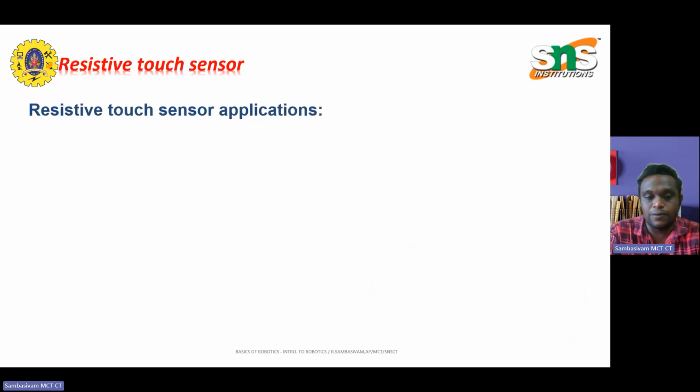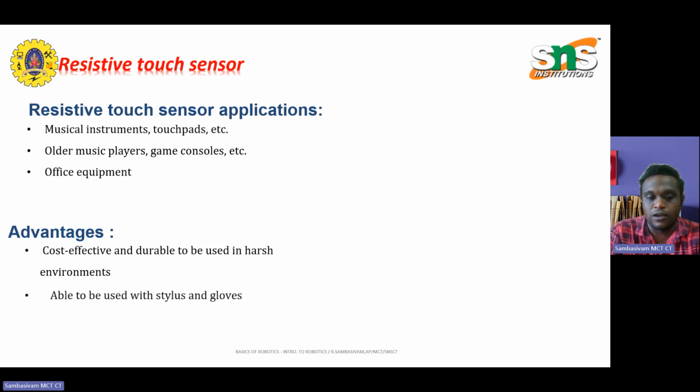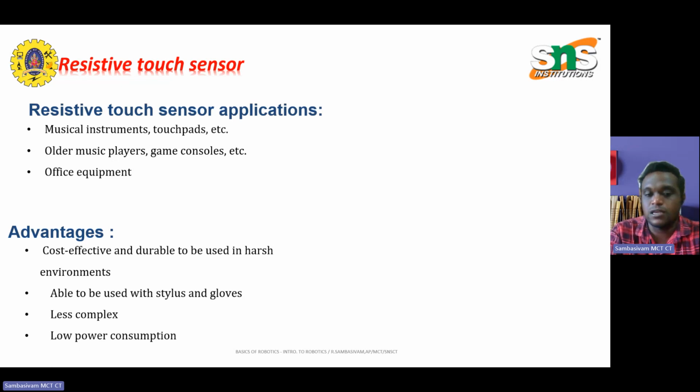So, as I said, the main advantages of resistive sensors are that they are cost effective, versatile and durable, and they are less complex with low power consumption. Despite these advantages, it is important to note that resistive sensors are not without their drawbacks, right?